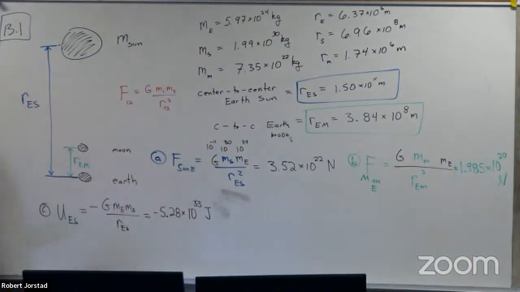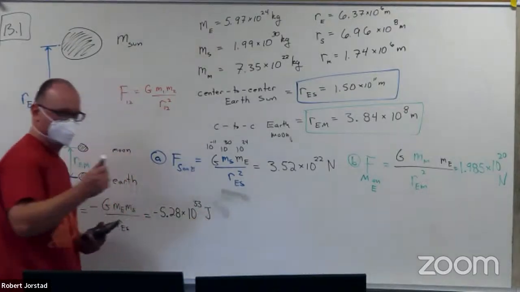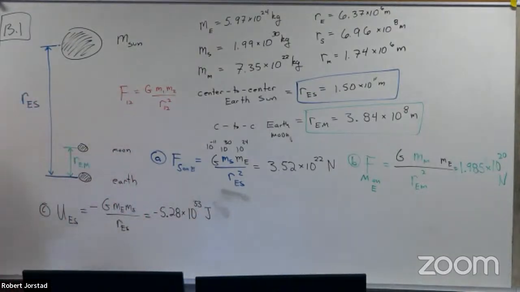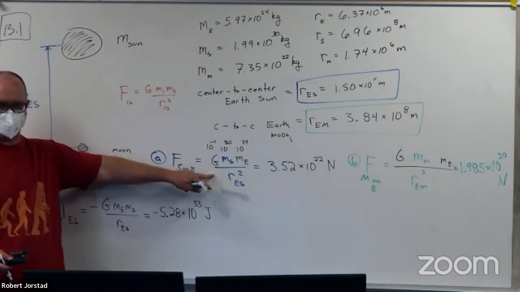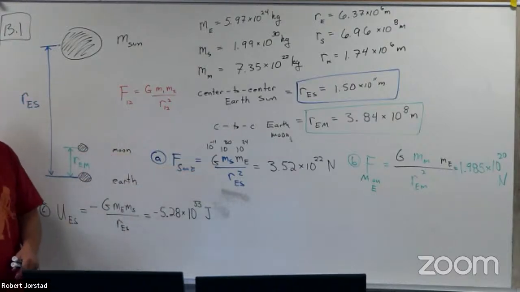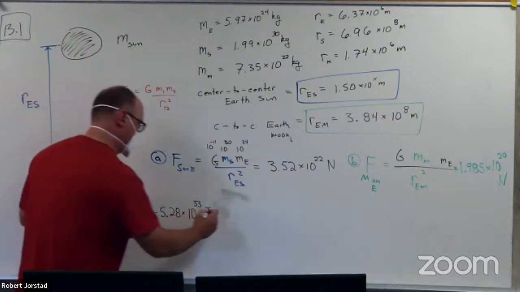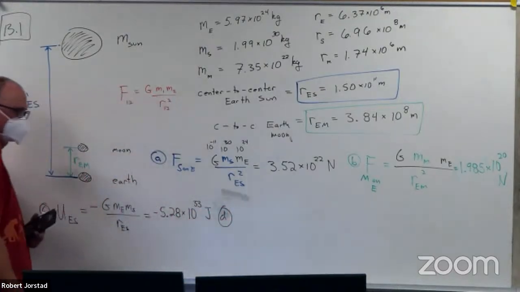Go ahead. Could you just multiply the force by the radius? Oh, yeah, that's interesting. He's saying, wait, couldn't I just multiply this by radius? In this case, that would work. And then make sure you stick on the minus sign. So maybe we should do that really quick for the next one, right? You agree? Yeah.